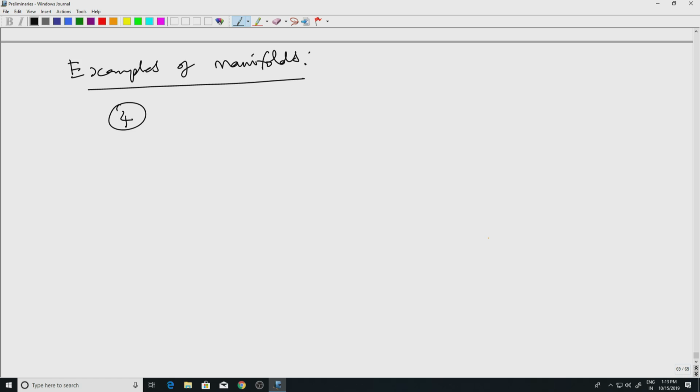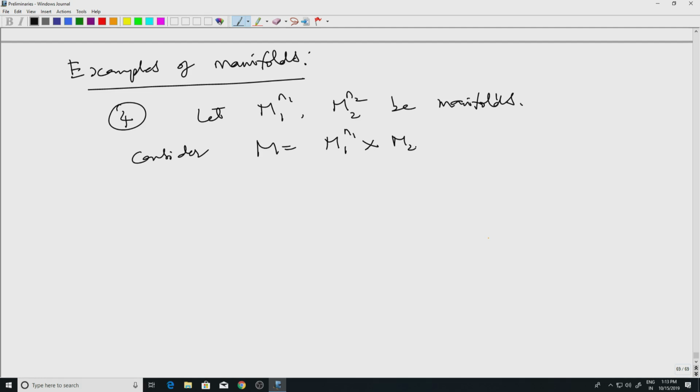So let M1, N1, M2, N2 be manifolds. Then let's consider M equals M1 cross M2.